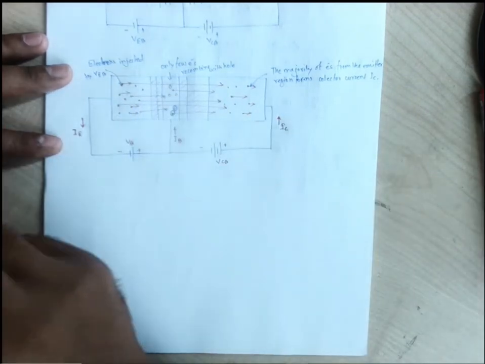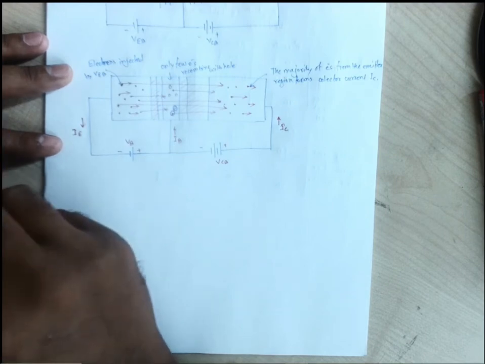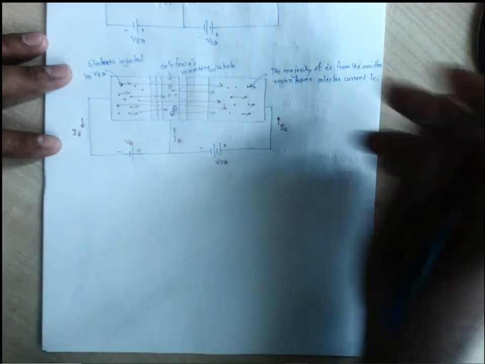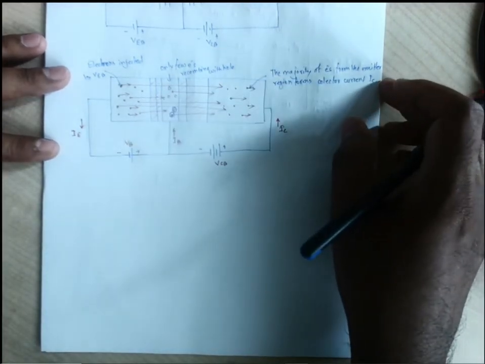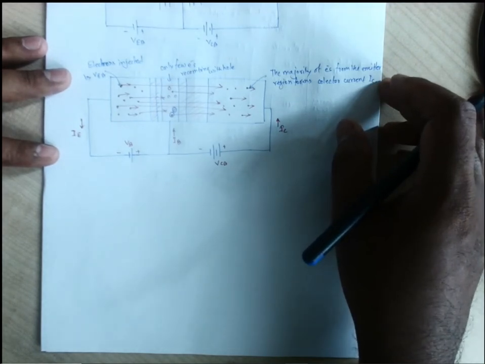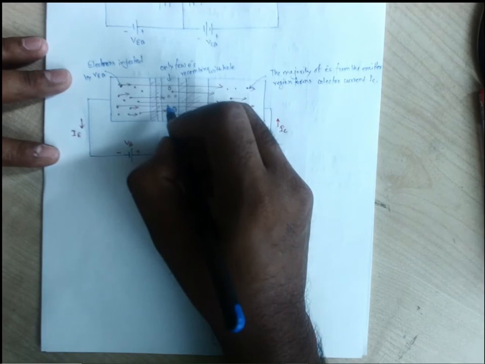The base region has a very low concentration of electrons because the majority carriers are holes. So some electrons may recombine with the holes, and as a consequence, some electrons will get lost.